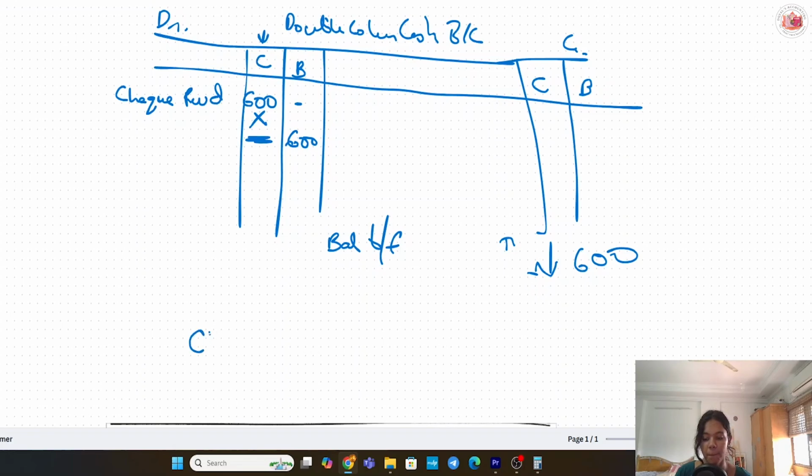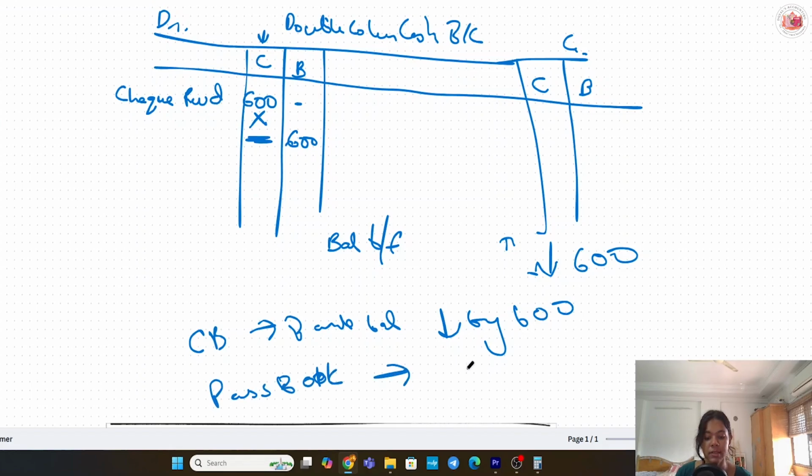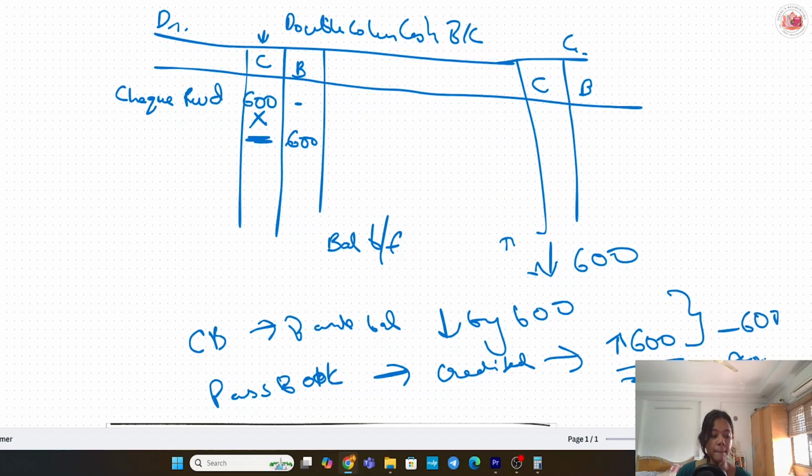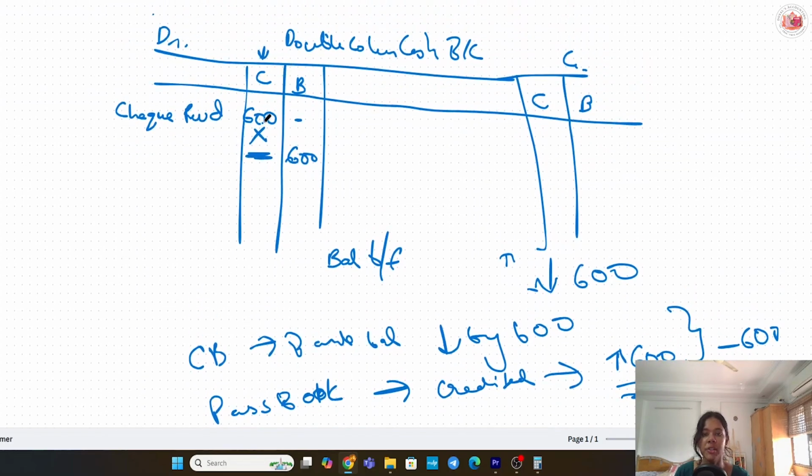So in my cash book, the bank balance is less by rupees 600. But in my passbook, this amount has been credited. So it is more by 600. Now if I want to equalize the two, what should I do? I will deduct 600 from the passbook. Okay. This was wrongly mentioned in the cash book. It should have been recorded in the bank book. Later on, they will rectify that error. That's another thing.